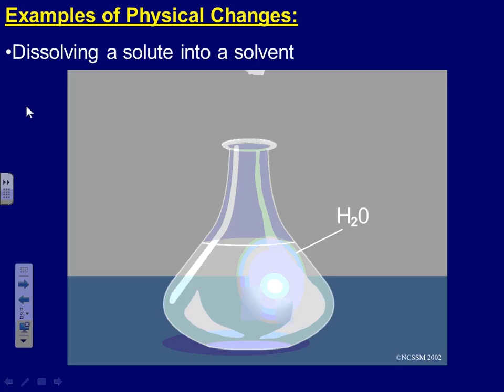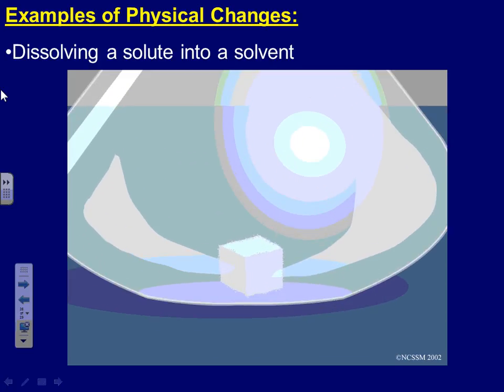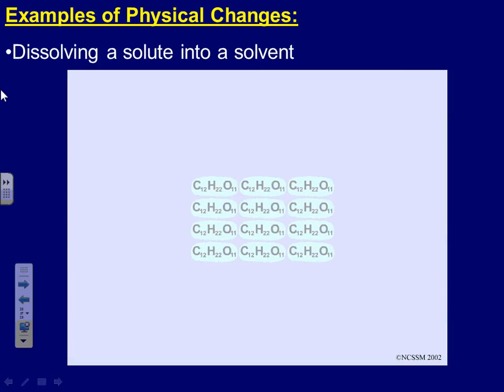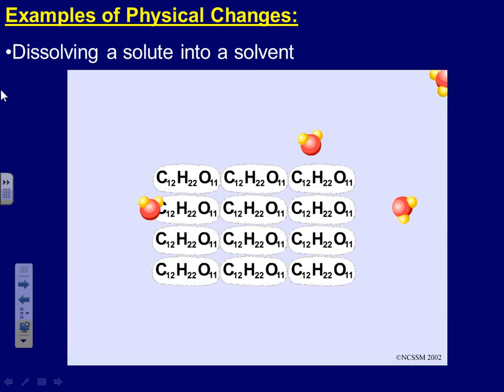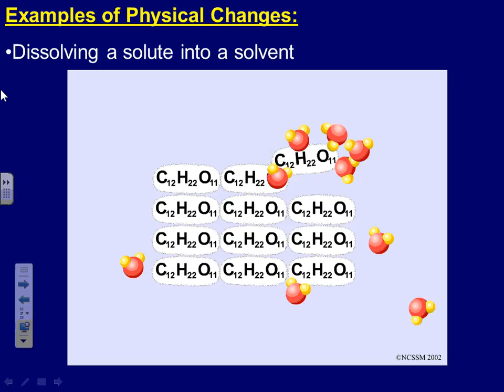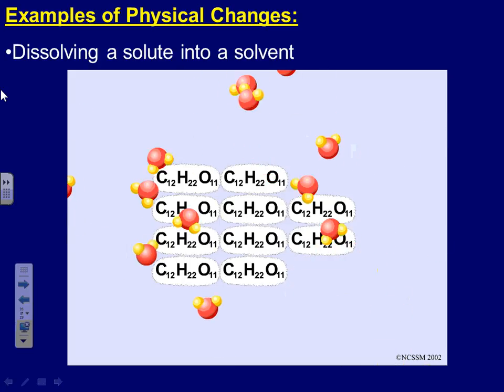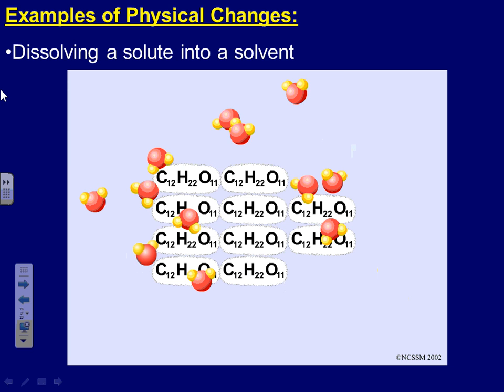What I want you to look at in this particular little animation is what's happening to the sugar molecules. So here we've got some sugar. We're going to zoom in as if we could somehow do that. And these big C12H22O11, they are each a sugar molecule. It's got a lot of atoms in it. And you can see these little things. These are water molecules.